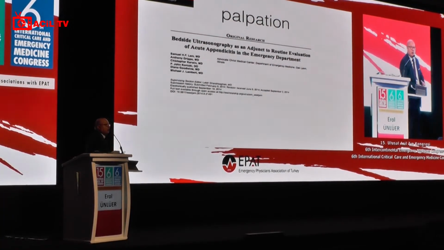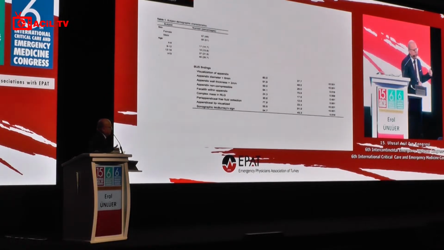Also, we can use our ultrasound machine for palpation and for abdominal pain pathologies or abdominal diseases, such as right lower quadrant pain or right upper quadrant pain. When we check the literature, we see that if you find a sonographic burning sign with your probe, you increase your diagnostic accuracy for diagnosing acute appendicitis.